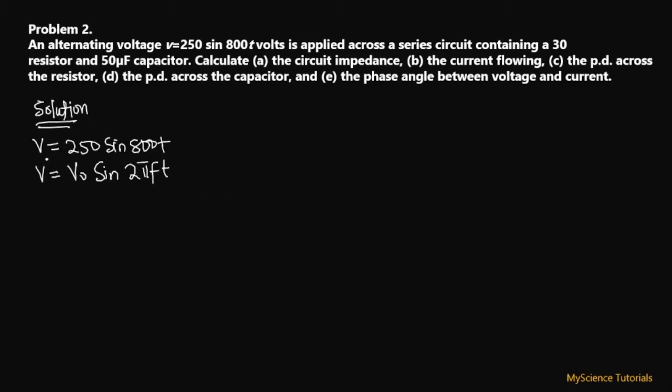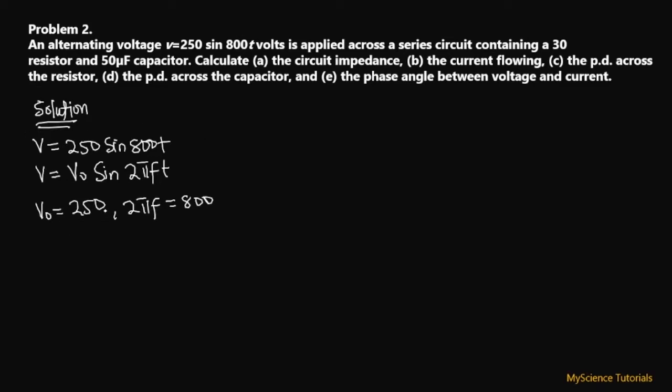If we compare this with the original form, we can see that V naught is equal to the 250, and 2 pi f is equal to the 800, because we have t here. So those are the pieces of information that we can obtain from this voltage given in a waveform.